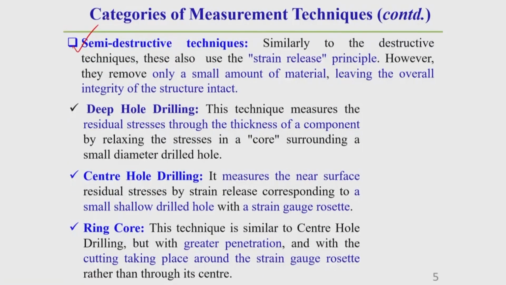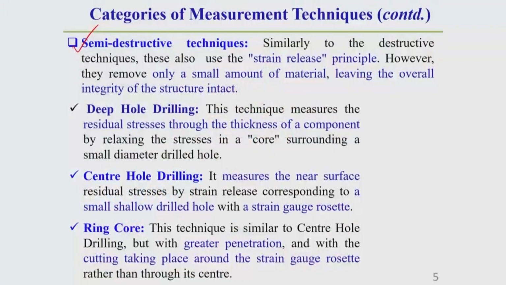Now, semi-destructive technique. What is a semi-destructive technique? A semi-destructive technique is more or less similar to a destructive technique, but here generally they remove only a small amount of material, leaving the overall integrity of the structure intact.